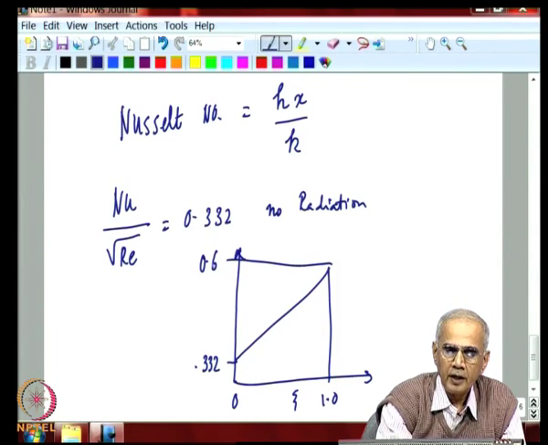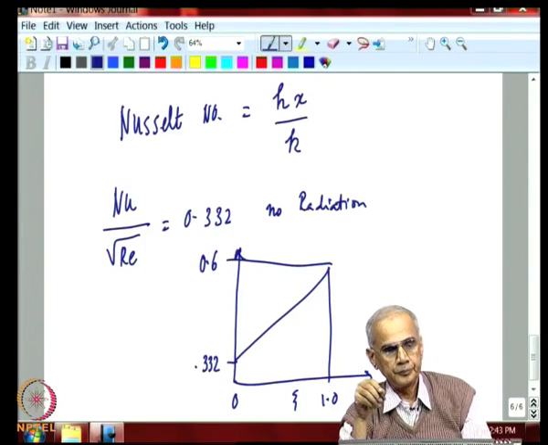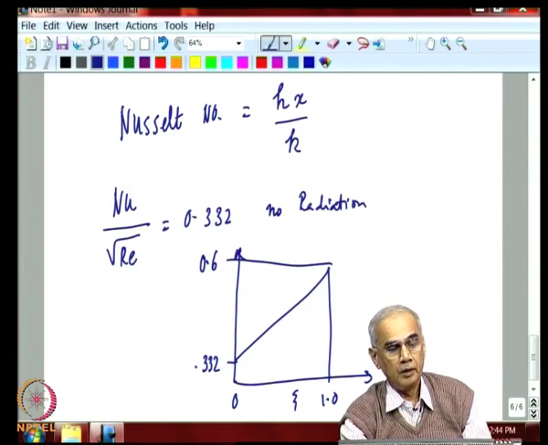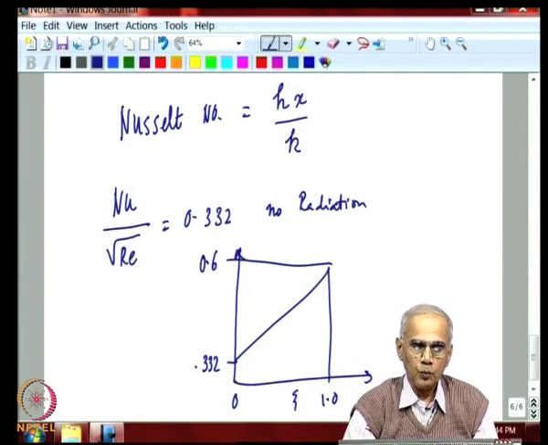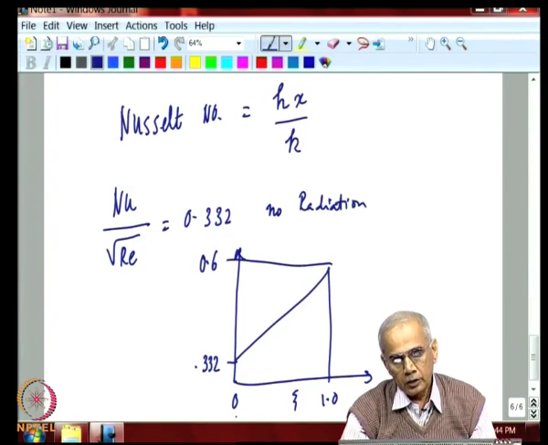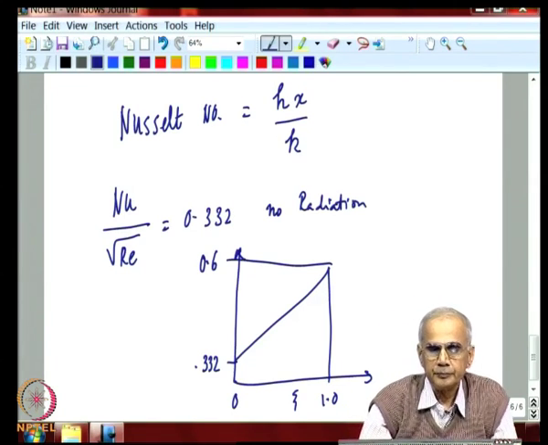So, what radiation does is modify the temperature distribution such that the gradient of the temperature near the wall increases by almost a factor of 2 when psi increases from a very low value to 1. So, this is a good way to get a rough idea about the impact of radiation on convection.